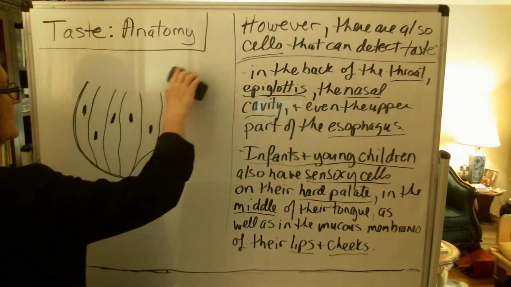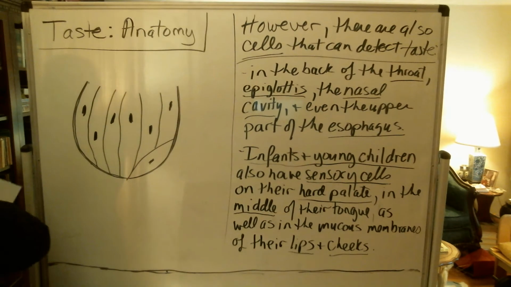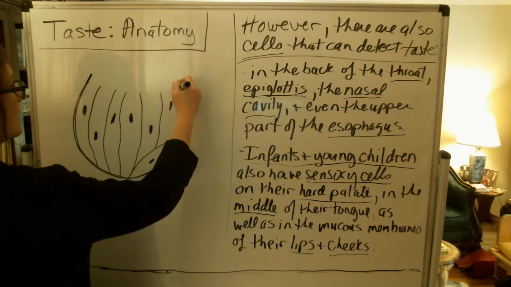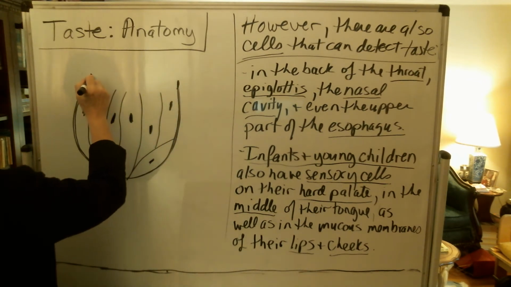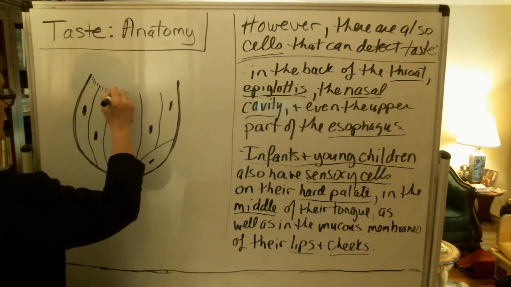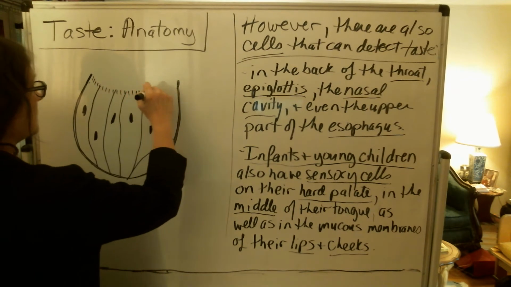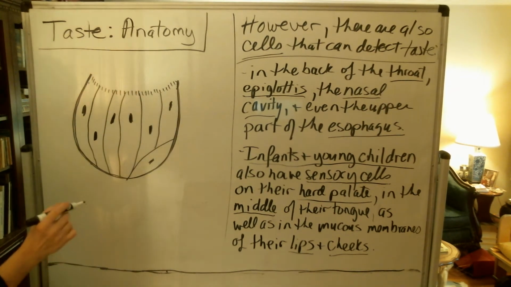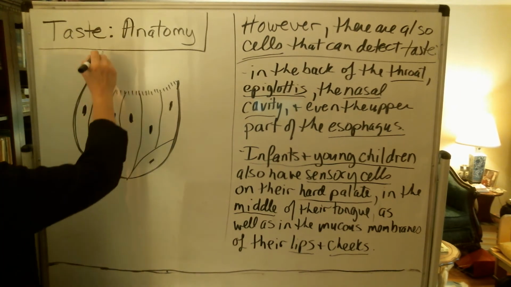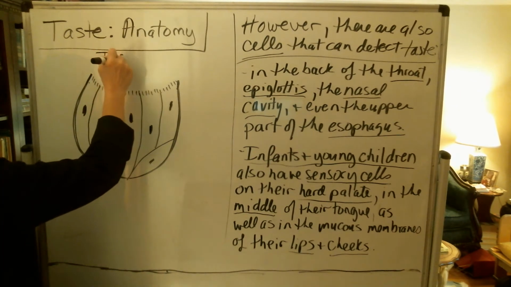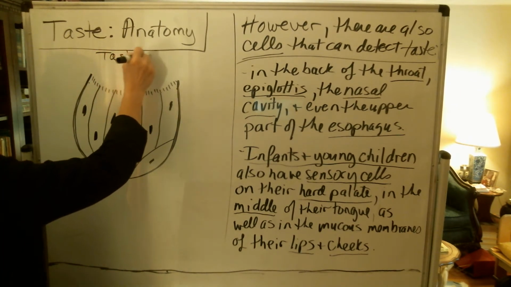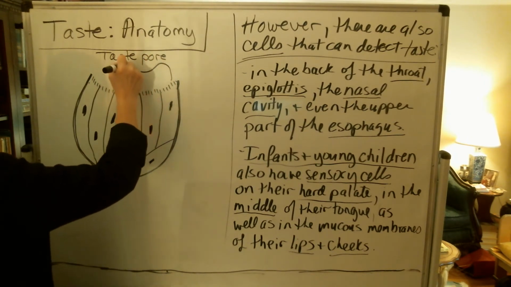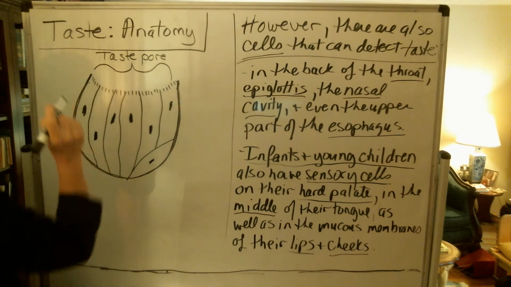So I'm going to actually make this a little bit more of a depression here. So it kind of goes more like this. So there's this little area in here known as a taste pore. So here we have the taste pore, like that.